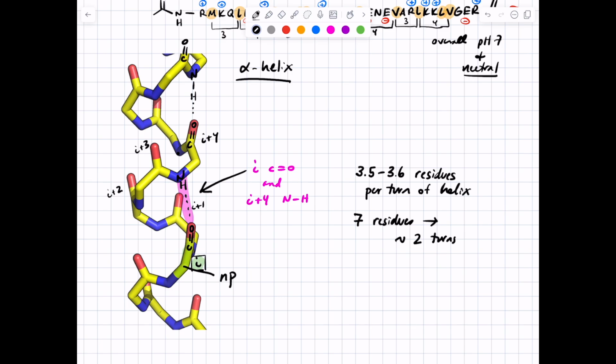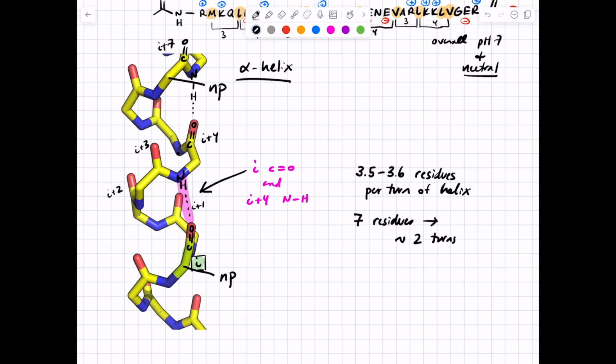So this would be the i plus 7 amino acid. That would be another nonpolar position there. Okay? So in an alpha helix, a nonpolar amino acid at position 1 is on the same side of the helix as another amino acid 7 spaces away.